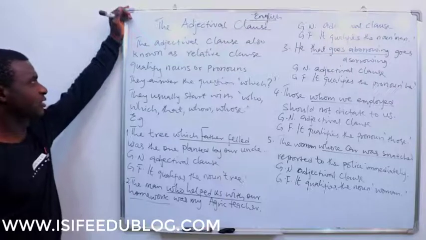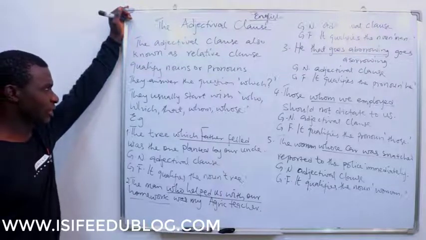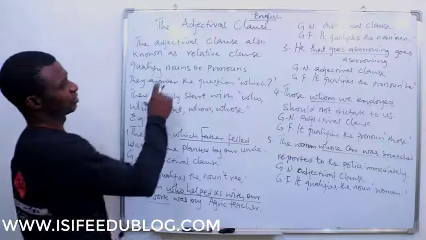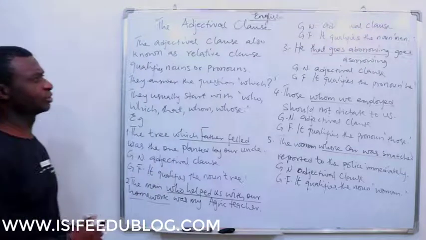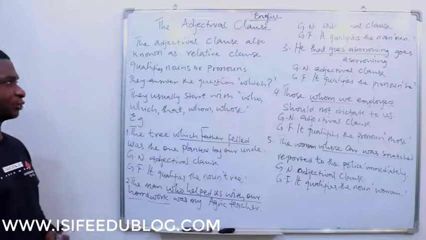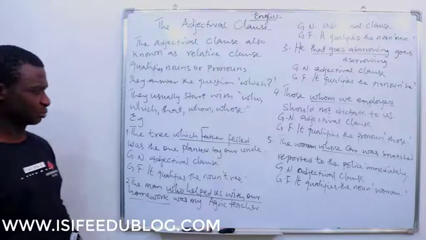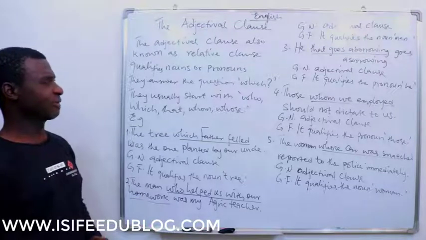On the board, the adjectival clause, also known as a relative clause, qualifies nouns or pronouns. That's what they do. They're also called relative clauses because they begin with the relative pronouns.